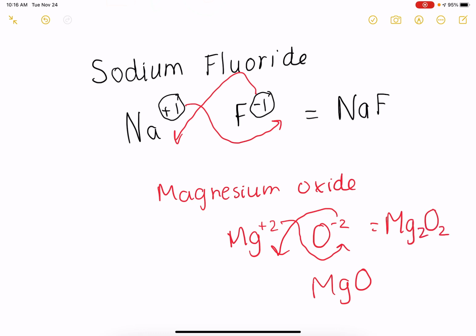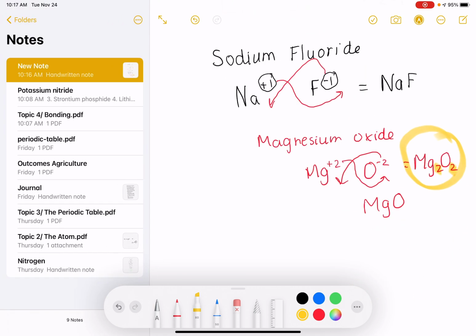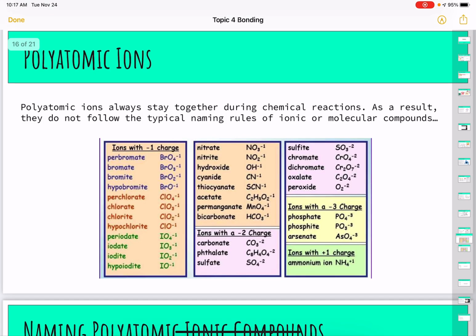But if these numbers that you're seeing here are the same, you really don't have to write them. So this is the same as this. They're not needed. Those numbers, those little subscripts they're called, the little numbers at the bottom, they're there to balance, and you don't need them if they're all the same because they're balanced already. All right? So just a note there. So technically, this is wrong. This MgO is the right answer. Okay, so let's get back to here.